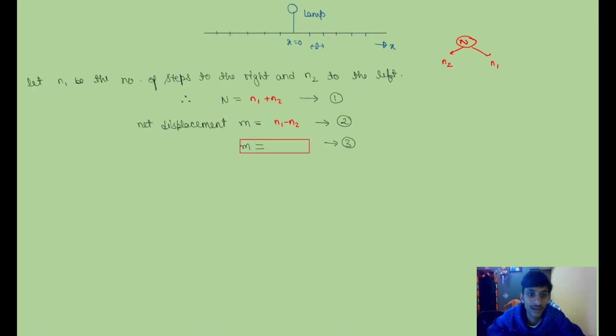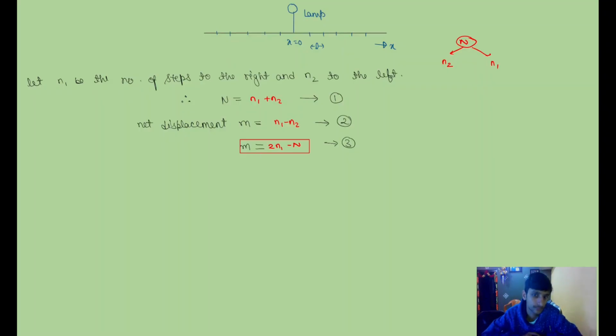What does positive mean? That after these capital N steps, he is on the right side of the lamp. And what does negative mean? He is on the left side of the lamp. So what can you say about this total displacement in terms of the total number of steps? I will use these two equations to write the net displacement as 2n1 minus capital N. Can I do this?